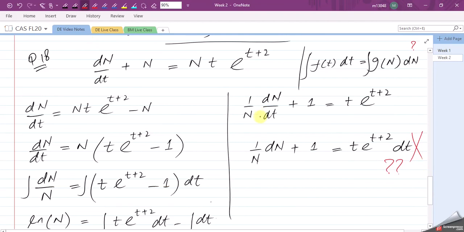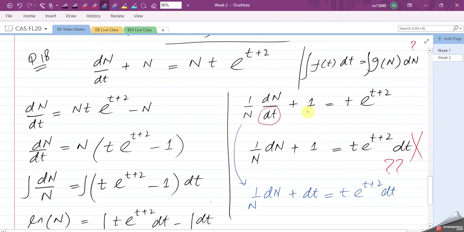We multiplied dt across. Okay, we multiply dt here, so it vanishes from here. We did not multiply dt here. That's what is wrong with it. So the correct step from here would be, 1 over n dn plus dt equals t e raised power t plus 2 dt.